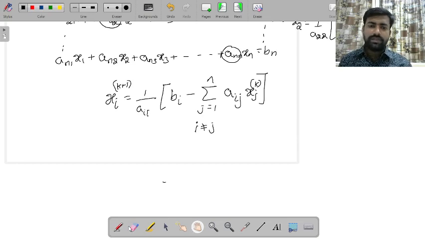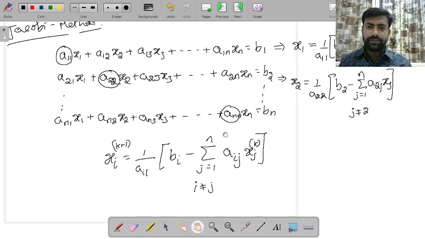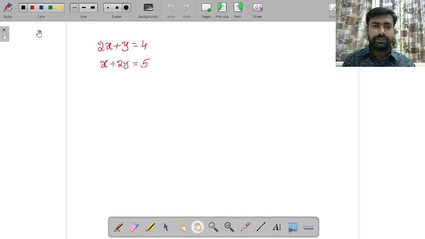So let me explain with a problem so that it will be easy. Now see here, this is the linear system you're given. We'd like to solve this linear system with the Jacobi iterative method. From the first equation we'll write 2x equal to 4 minus y.